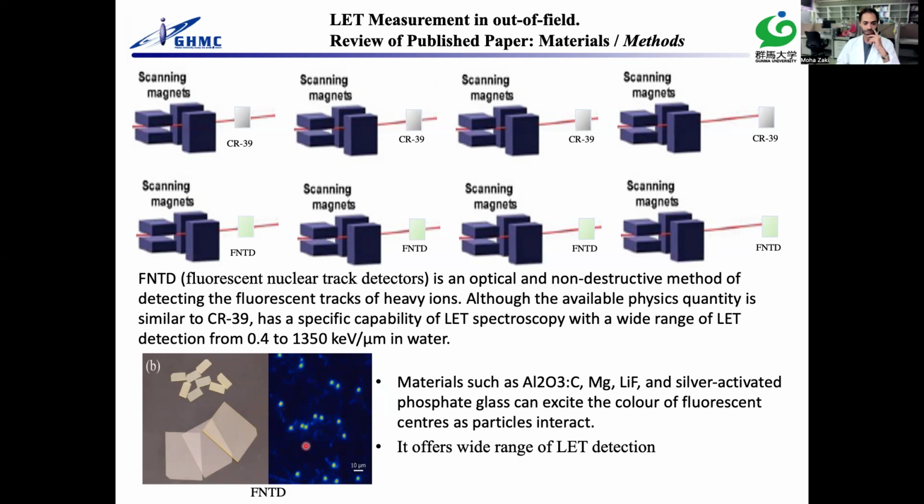By calibrating the response function, which relates a physical quantity, such as the size of each pit or the intensity of the fluorescent tracks, to the ionization loss, the LET for each track can be determined, and it offers a wide range of LET detection.